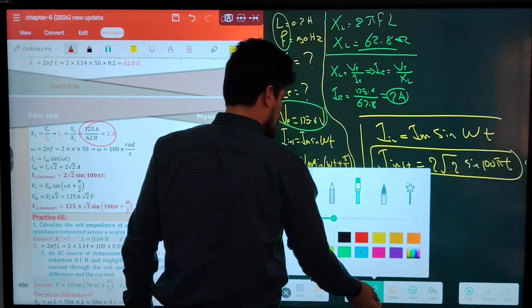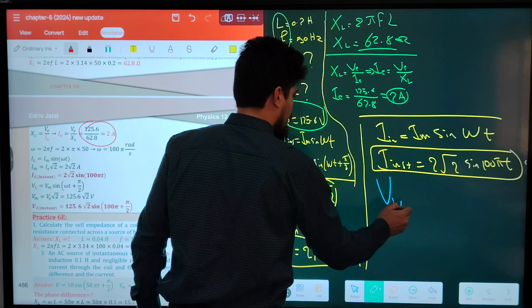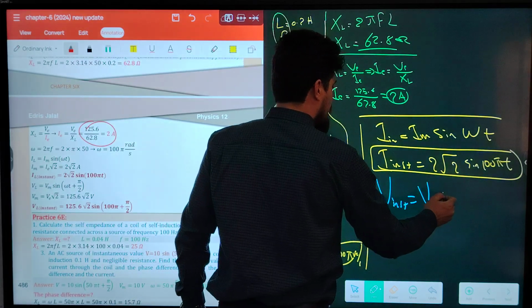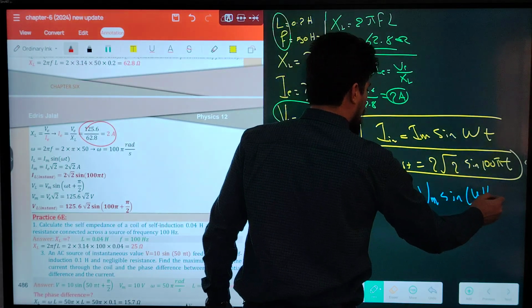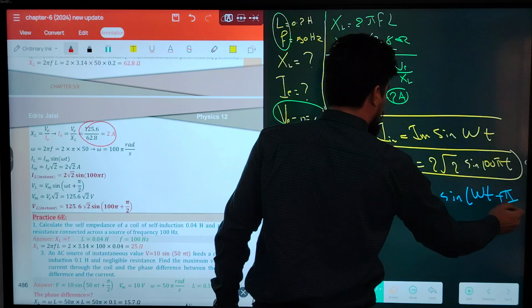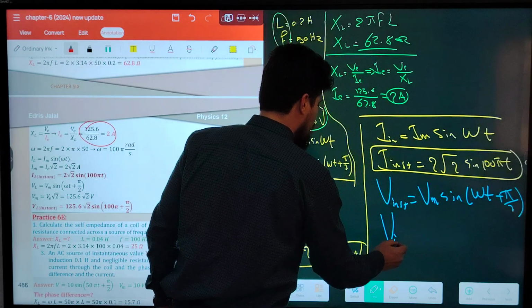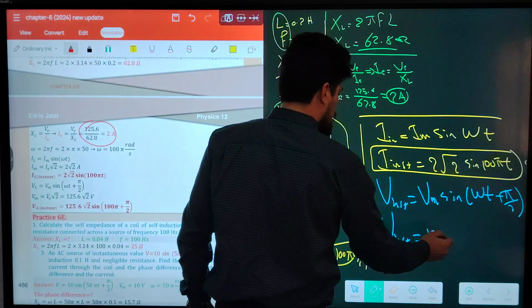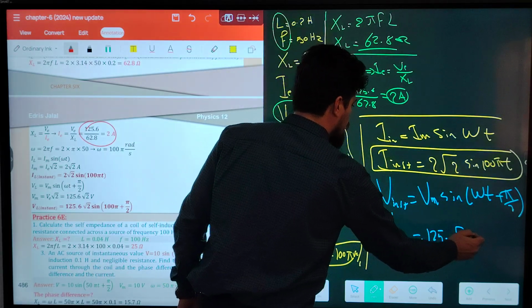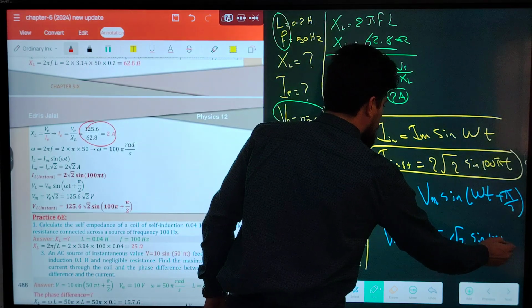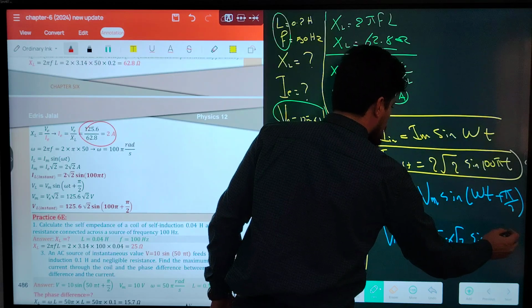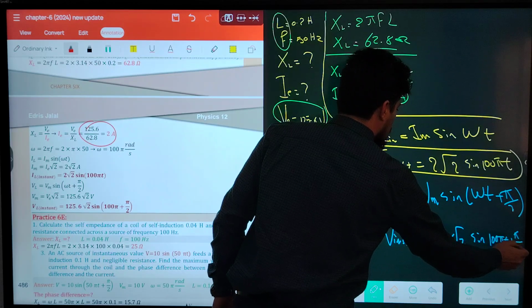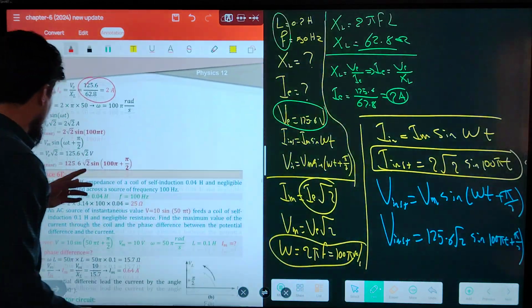The instantaneous potential difference: Vm sine omega t plus pi over 2. V instant, Vm is equal to VE radical 2, that is 125.6 radical 2, times sine 100 pi t plus pi over 2.